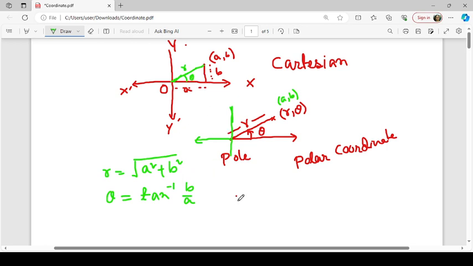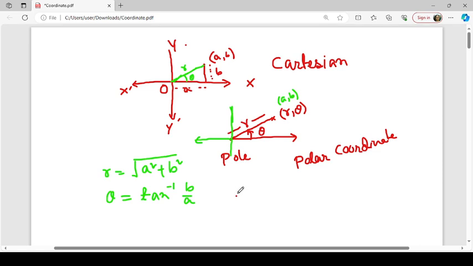So when we are given a and b, we can find r and theta. And if r and theta are given, then a is equal to r cos theta and b is equal to r sin theta. So this is the transformation from Cartesian to polar and polar to Cartesian.